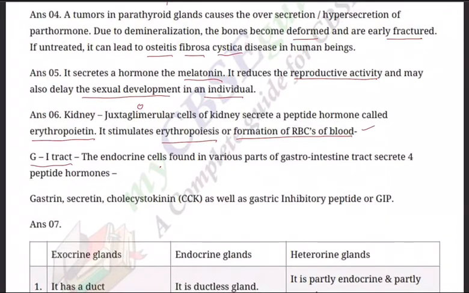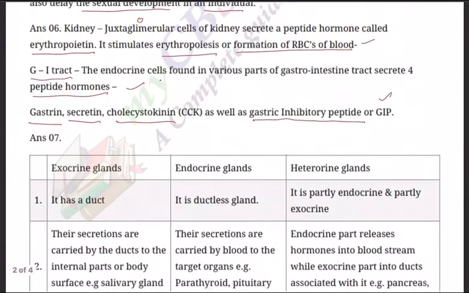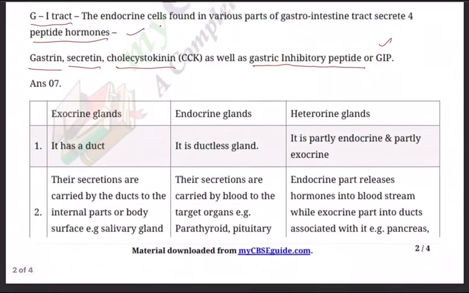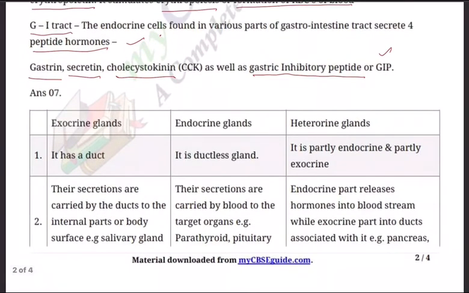And the gastrointestinal tract: the endocrine cells found in various parts of the GI tract secrete 4 peptide hormones. Very important. Not one, 4 peptide hormones: gastrin, secretin, CCK or cholecystokinin, as well as gastric inhibitory peptide or GIP. That's why kidney and GI tract are also very important.